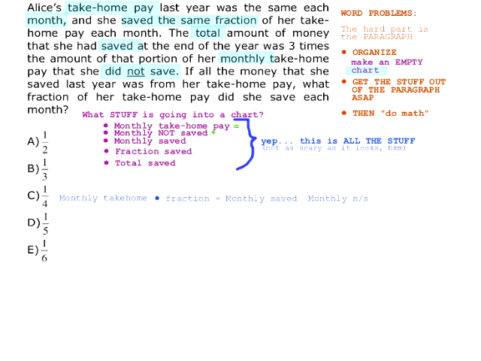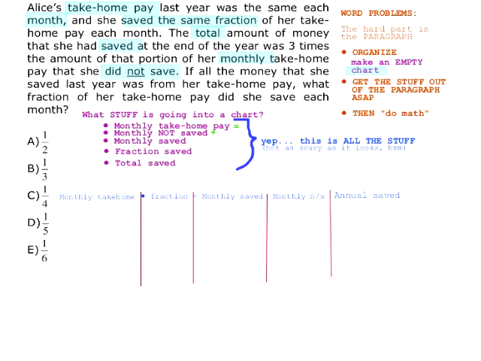Let's shrink these a little bit. NS stands for not saved there. And these are going to be columns, so we put dividers in there. And then the last thing we have in there is the annual saved. Okay. There.